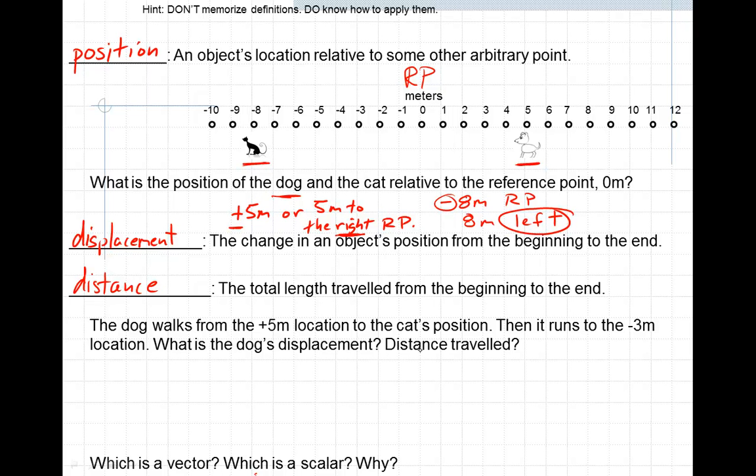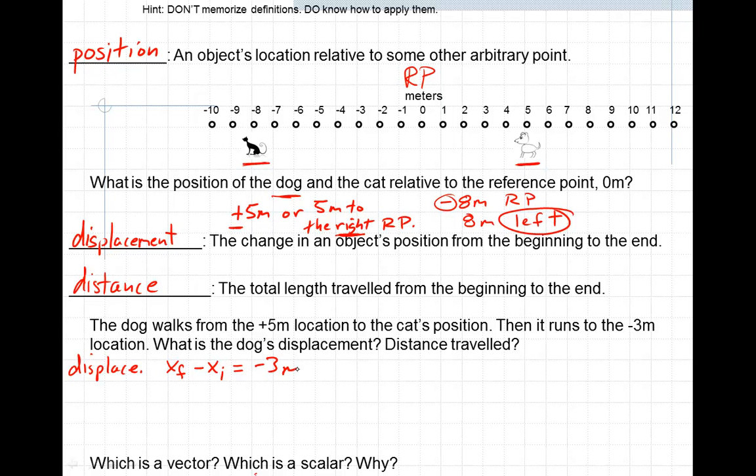Okay, so first let's look at the displacement. Another way that we would write it is in an equation like this. The final position minus the initial position. Okay, so the final position of the dog was at -3 meters.